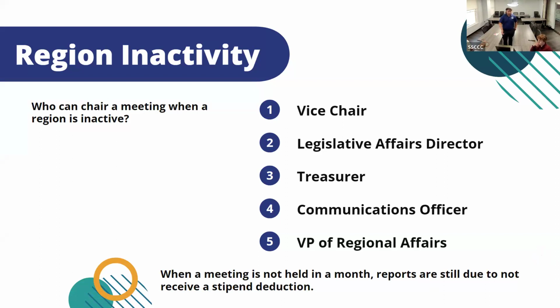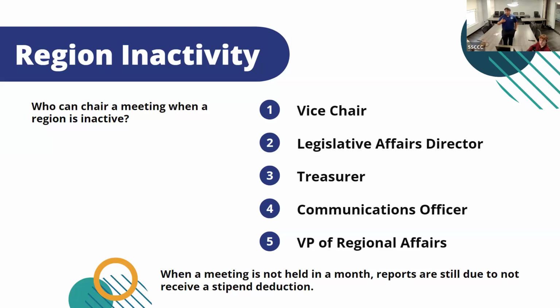The only other person that could hold it was the vice chair, unless there was a vacancy in the RAD, then the VPRA can do it. So the board of directors set up a chair succession, not an actual succession. This is just who can chair a meeting. If the RAD cannot chair a meeting in a specific month, it would go to the vice chair, then to the LAD, then to the treasurer, then to the comms officer, then to the VPRA.